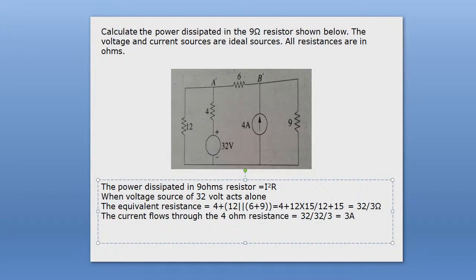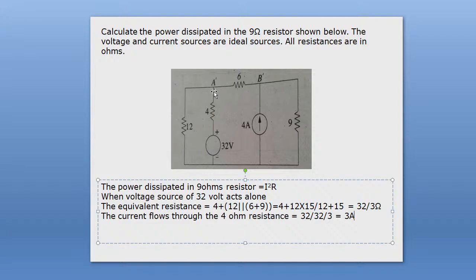And finally we calculate the equivalent resistance for the circuit, and the current flowing through 4 ohm resistance is equal to 32 divided by the equivalent resistance, that will be equal to 3 ampere.